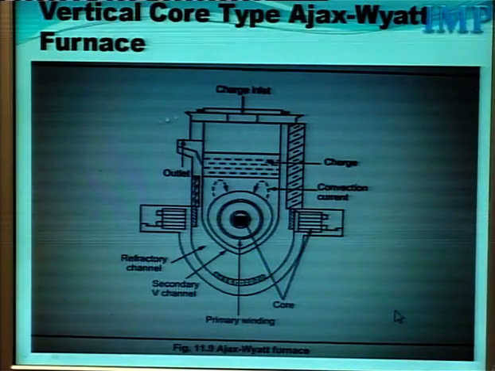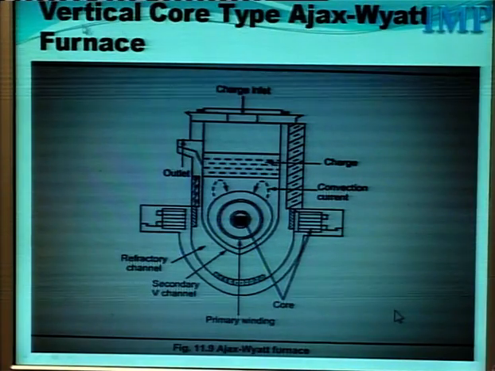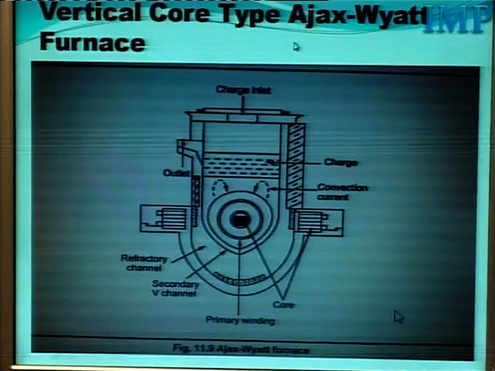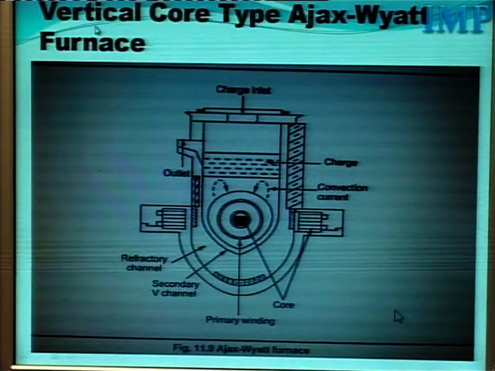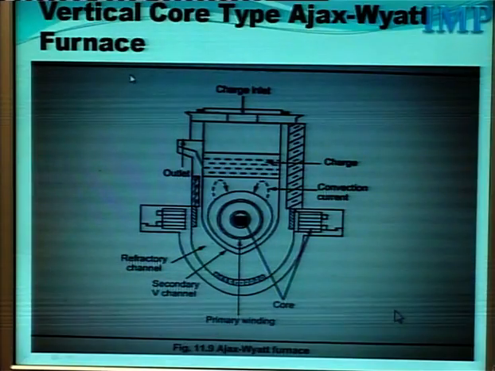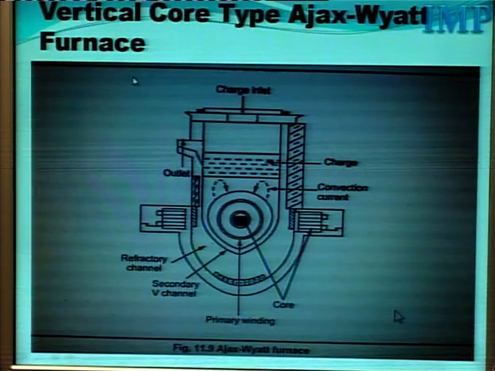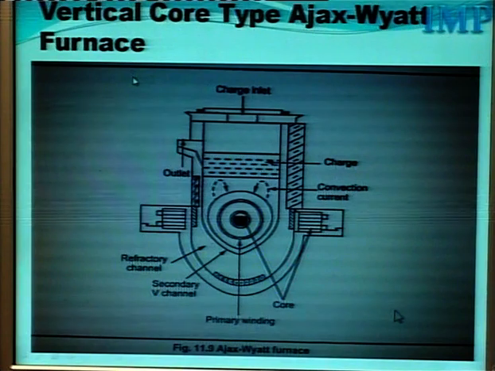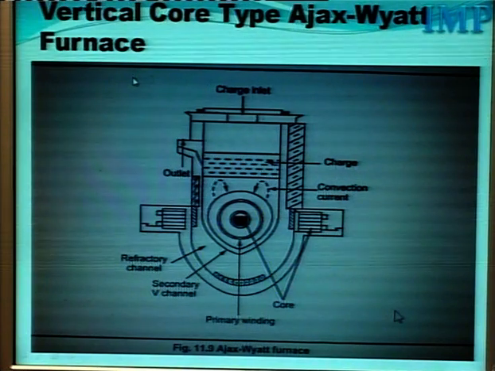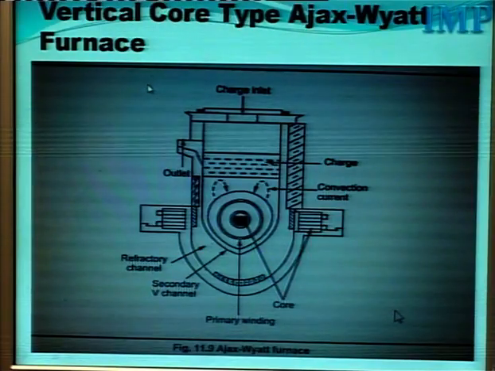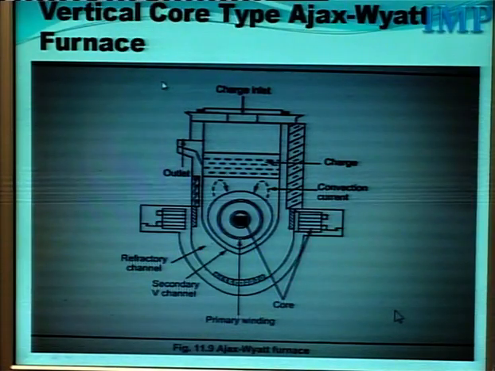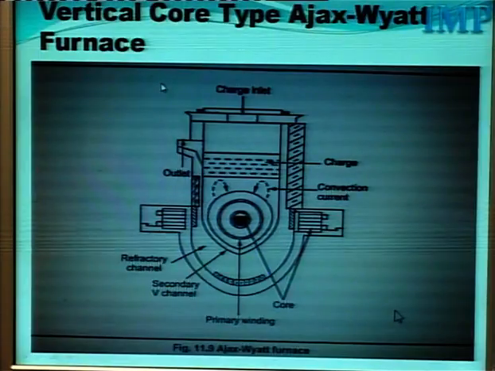The second type is vertical core type Ajax vat furnace. Now in the earlier method, that is the direct core type furnace, we have a problem of pinching effect. So in this category, that problem is reduced, eliminated basically.